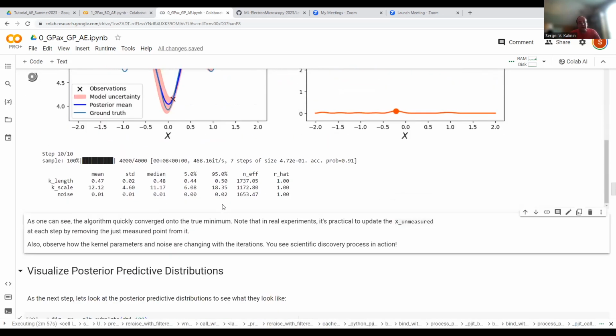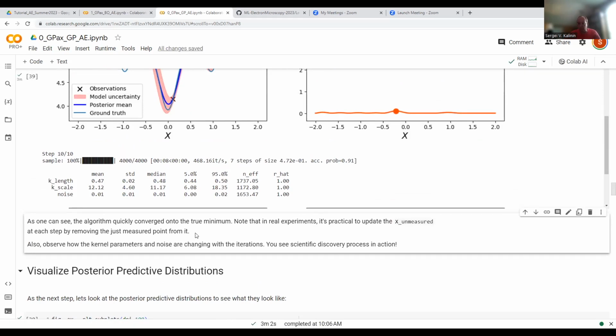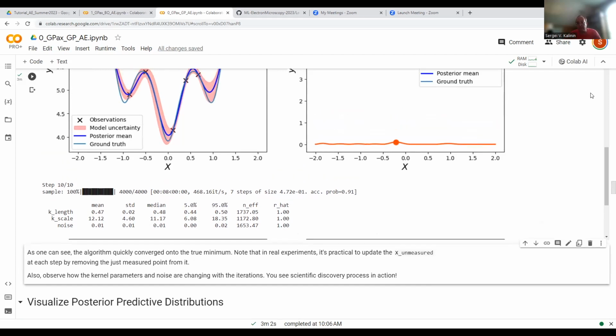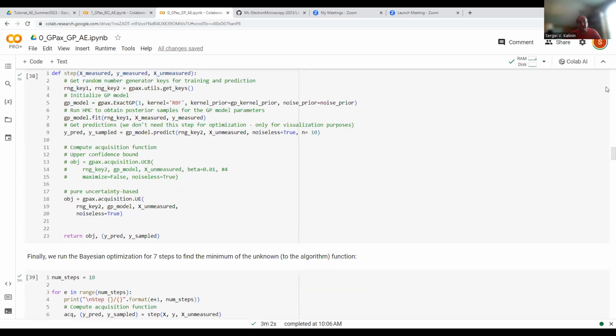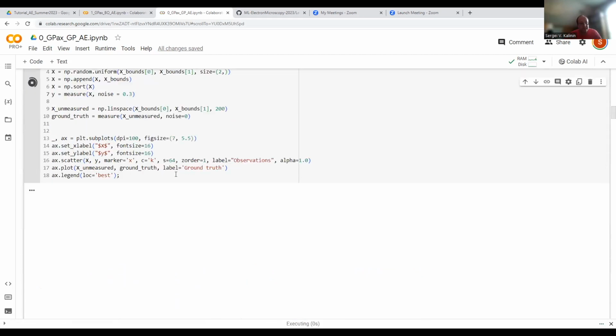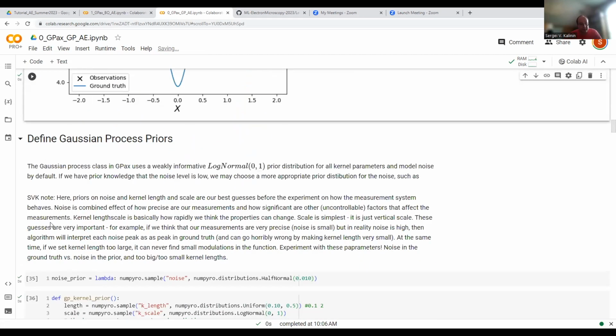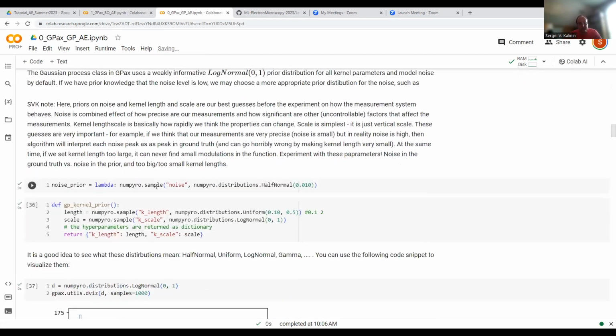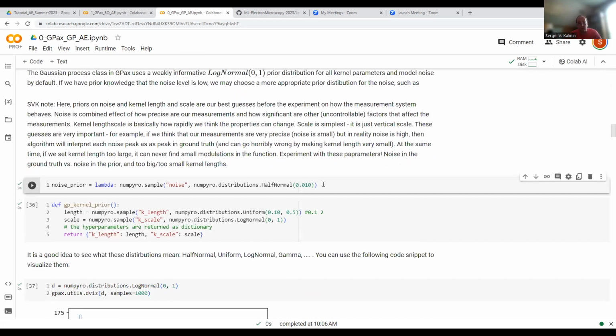Now, let me show you one more example where our kernel length is relatively small and where the noise in the measurement is fairly high. So I am going to take the noise to be, let's say, 0.3. And I'm going to make my belief in noise small.